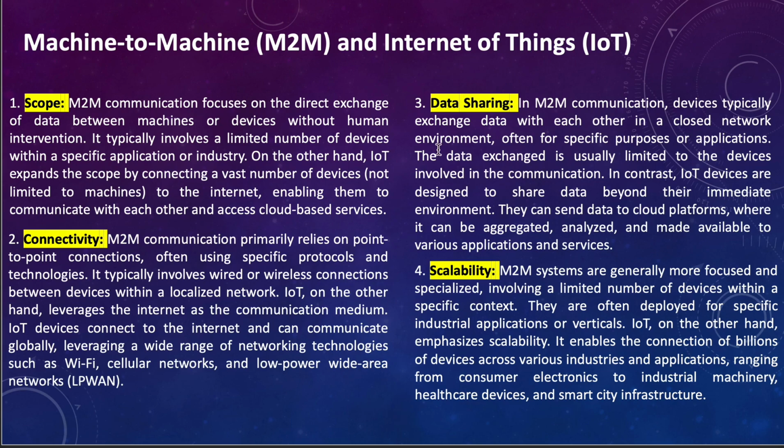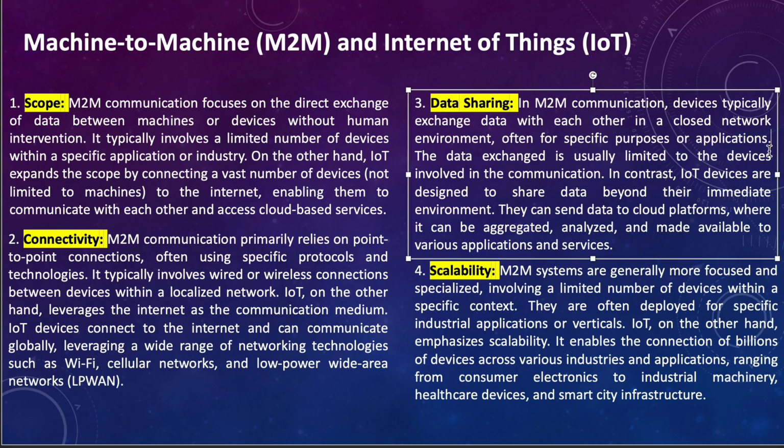Data sharing. In M2M communication, devices typically exchange data with each other in a closed network environment, often for specific purposes or applications. It could be a specific reason, a specific application. The data exchange is usually limited to the devices involved in the communication.